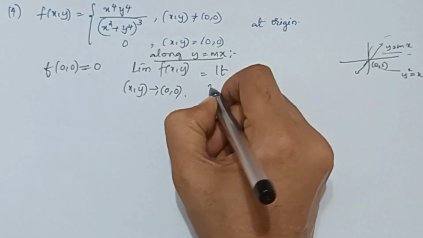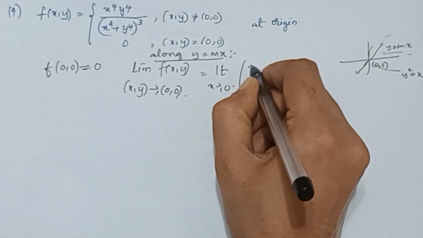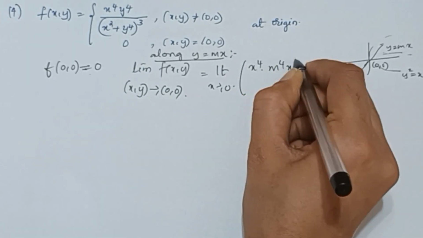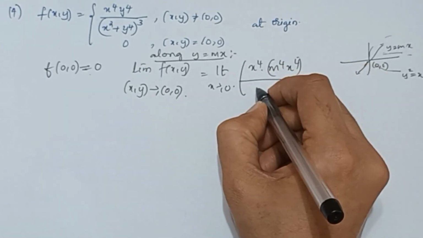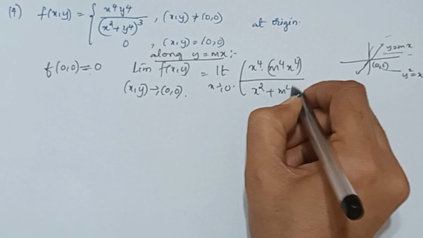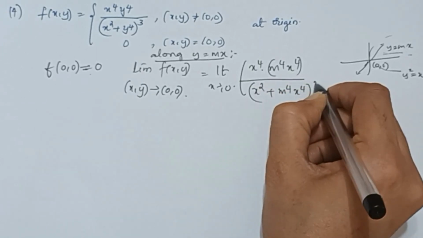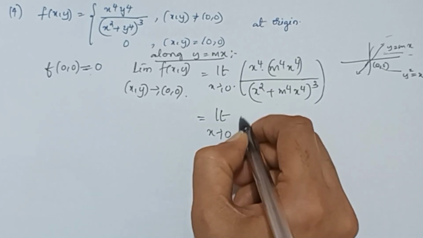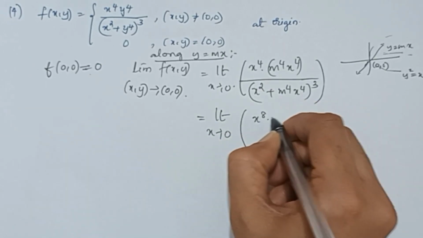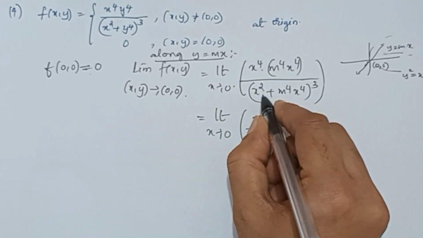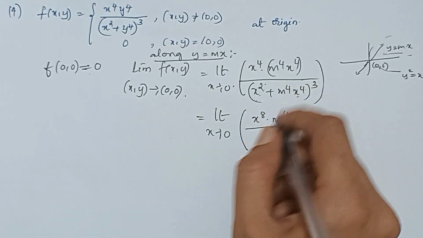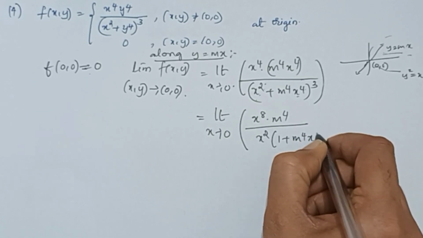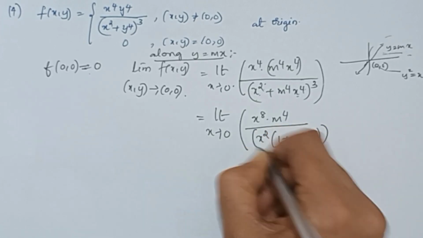Therefore, limit as x tends to 0, x power 4, y is mx, so m power 4, x power 4 divided by x square plus m power 4, x power 4 whole cube. So this is equal to, let me simplify, limit x tends to 0, x power 8 into m power 4 divided by, when you take x square common, x square into 1 plus m power 4 into x square whole cube.